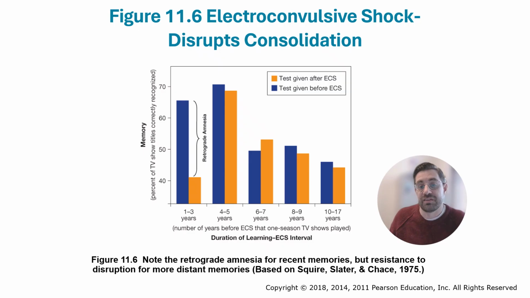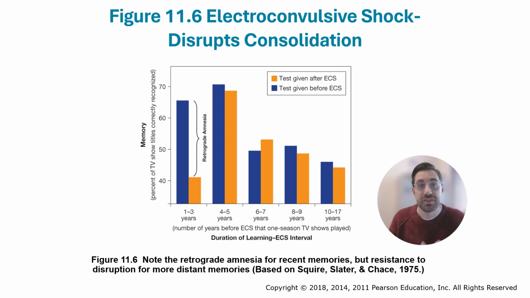And what they found was that giving people electroconvulsive shock therapy caused them to forget the shows from this year and last year and the year before. But it didn't cause any forgetting for shows from further beyond 10 years, 8 years, 6 years. Okay?